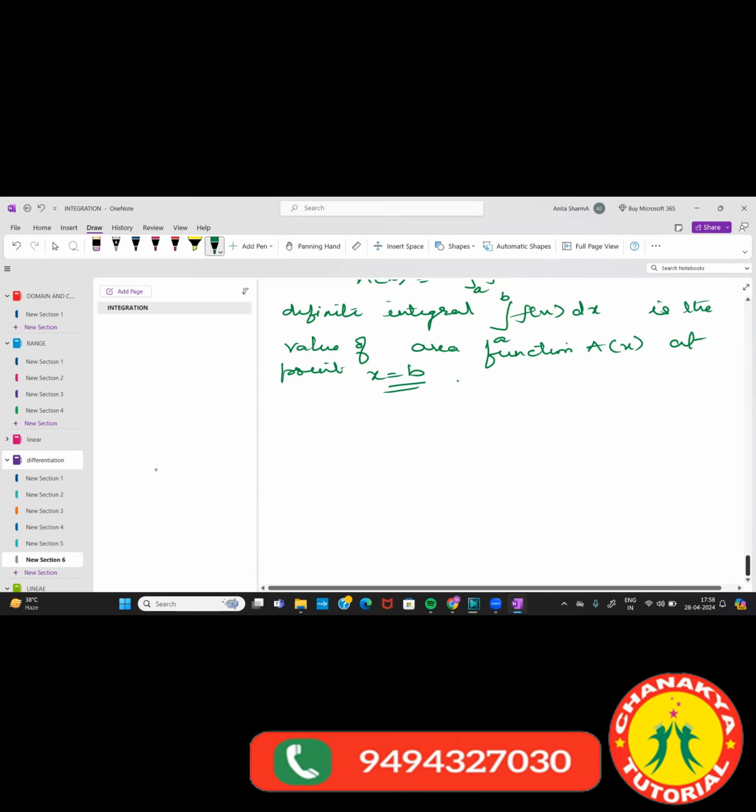Okay. Now your second theorem, which is most important, which is always applicable. Second fundamental theorem of integral calculus.